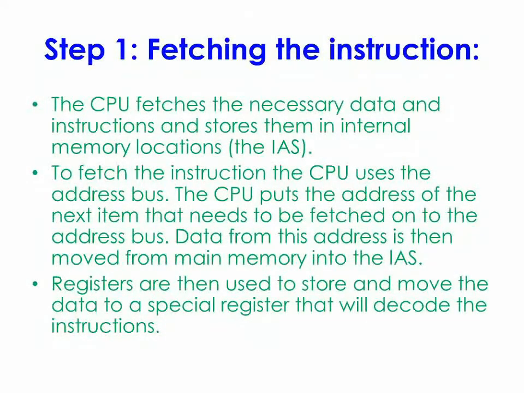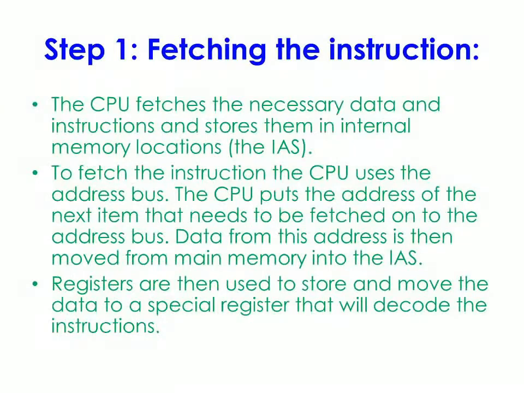Data from that address is then moved from main memory to the IAS. Registers are then used to store and move the data to a special register that will decode the instruction. So this is the process of fetching the instruction.